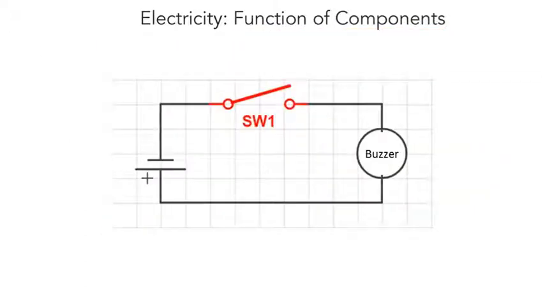Okay, so here we have a very simple circuit, a very simple series circuit. And we're going to identify our different components. So the first one that we have is this right here, which acts as the function for power supply.